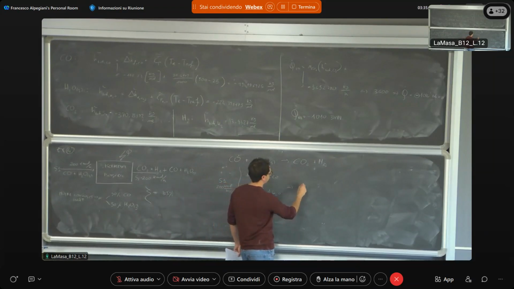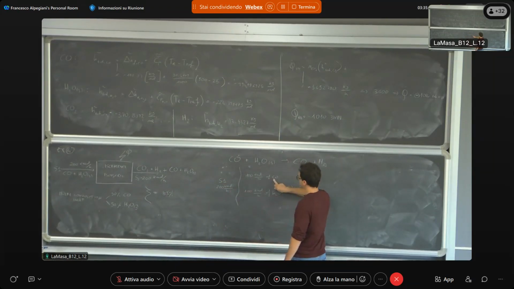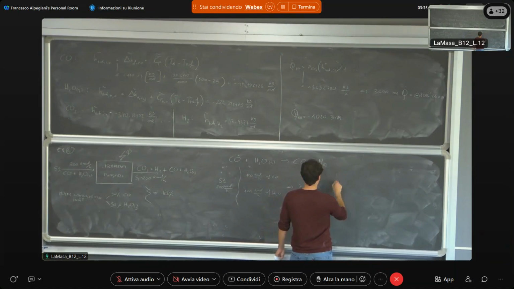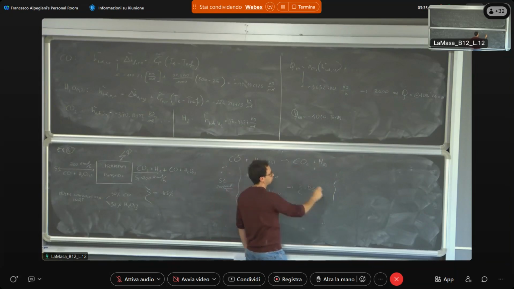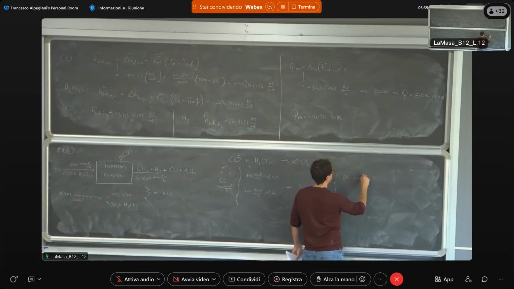Since the conversion is just 85%, of these 100 kilomole/hour, only 85 kilomole/hour reacts and creates 85 kilomole/hour of CO2. So at the exit, you will have 85 kilomole/hour.